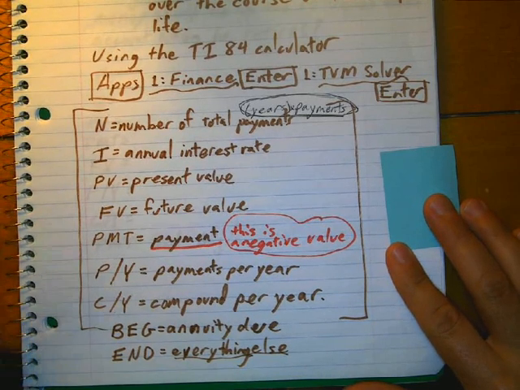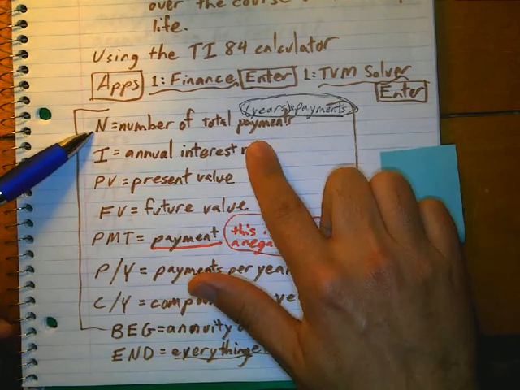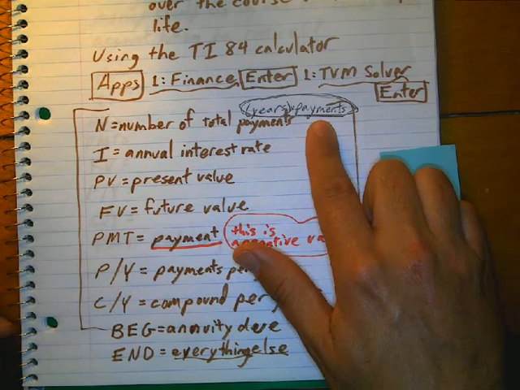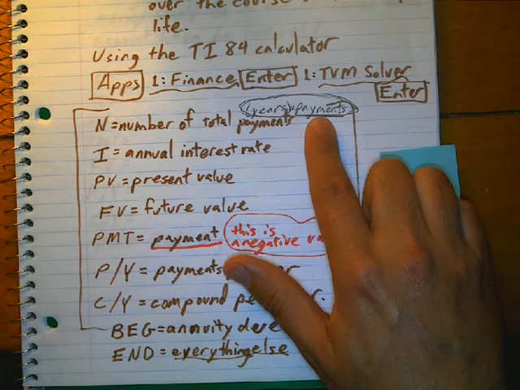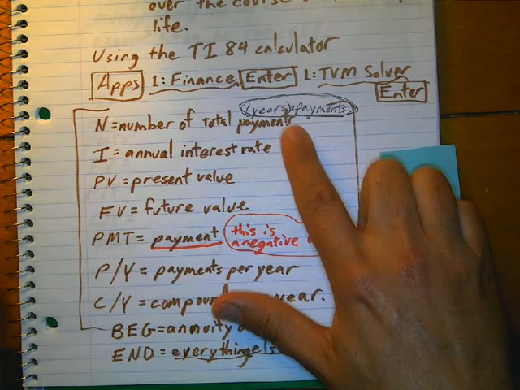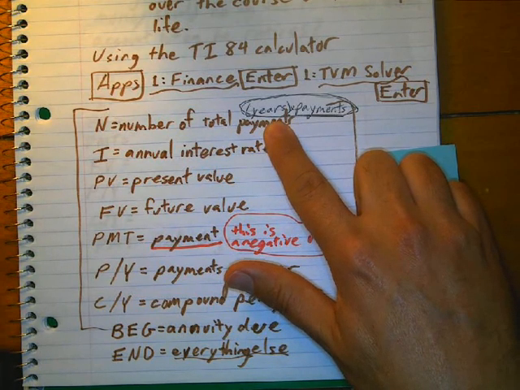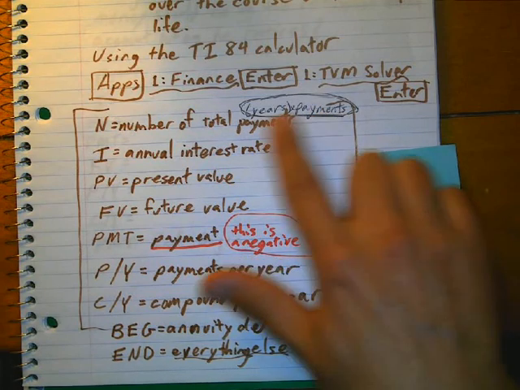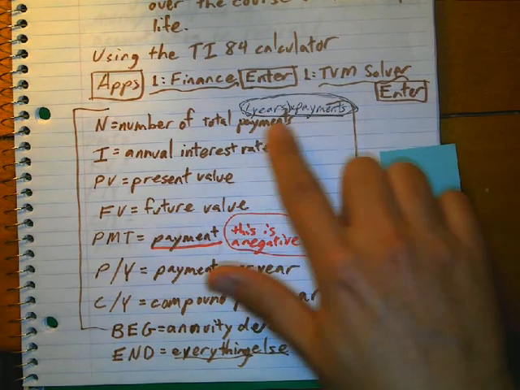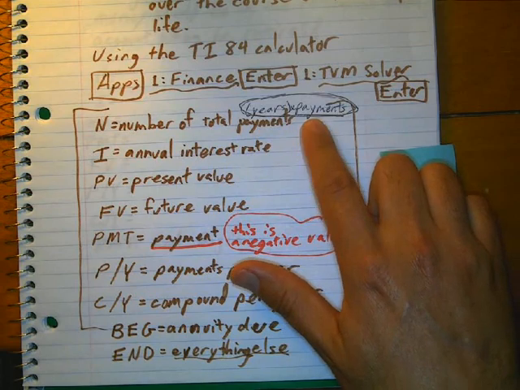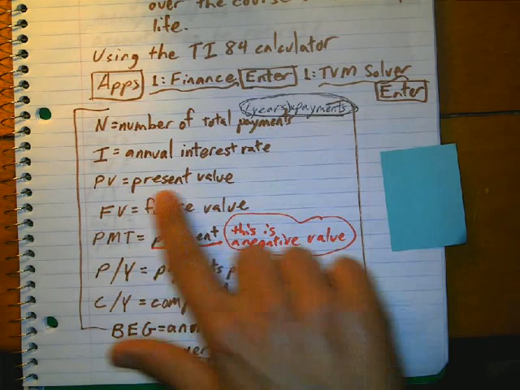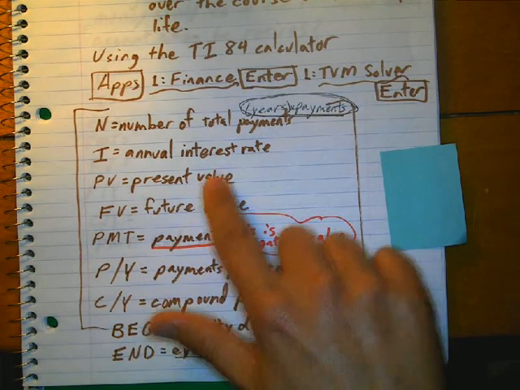N stands for the number of total payments, which is the number of years times the number of payments per year. So if it's monthly, this will be the years times 12. If it's just annually, then it's just going to be the years. You've got your interest rate, which they're going to give you. Present value is how much it's worth at the moment you start.